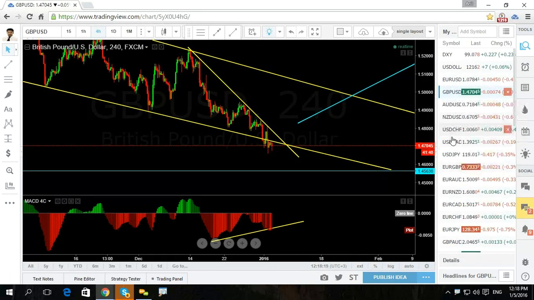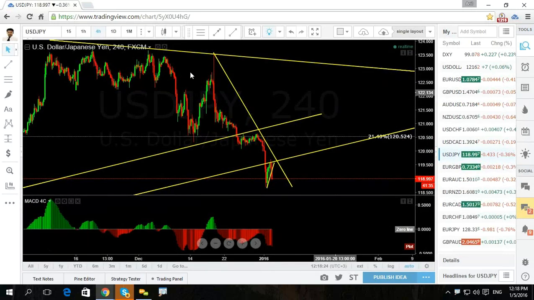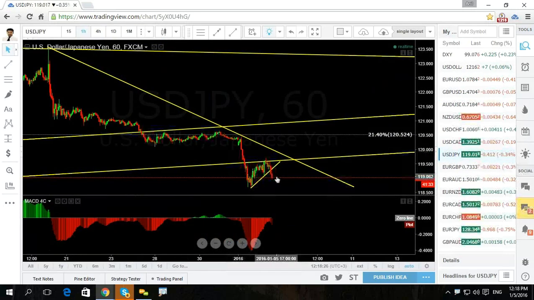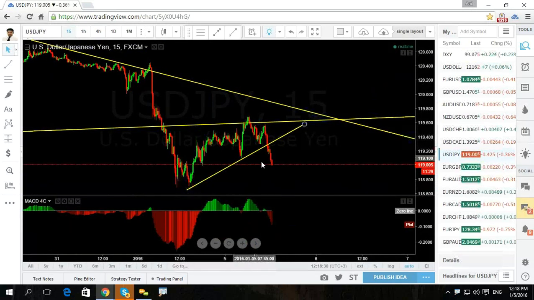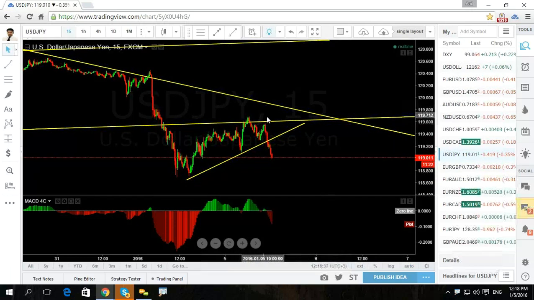Let's look at the UJ first. Yep, also broke out on the 1 hour close. Same thing, the next 1 hour candle has already started moving. Put it in a 15 and see if you get a little pullback in it. If you get a little pullback, you can take the trade. It's worth a take, right? Put a stop here. Don't risk more than that because we were anticipating them to go to this level.